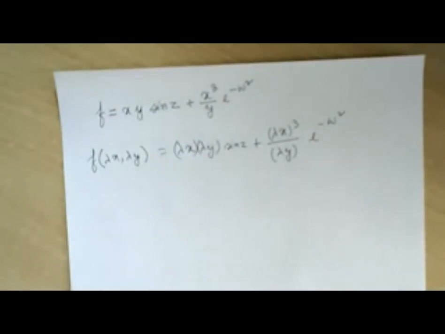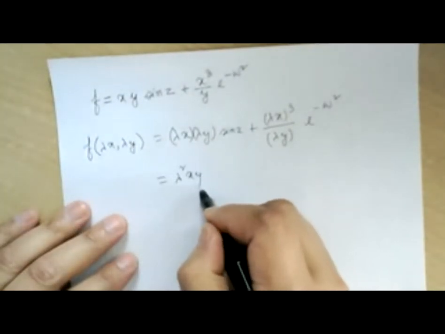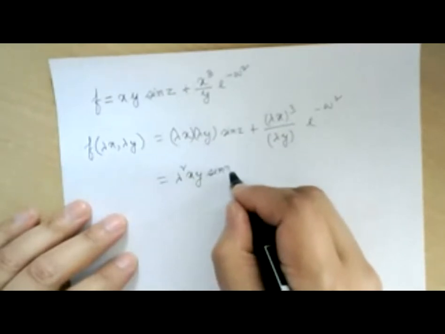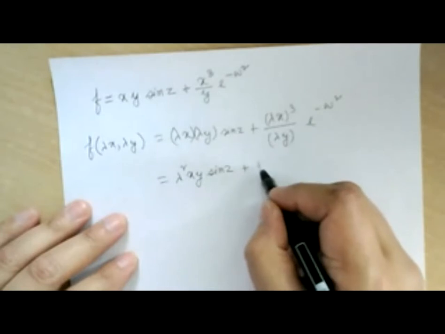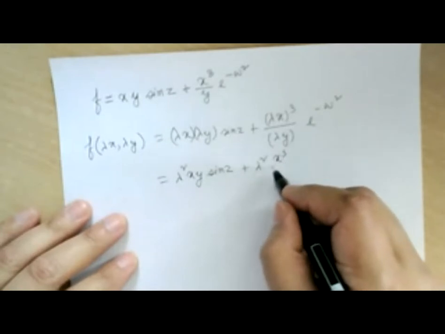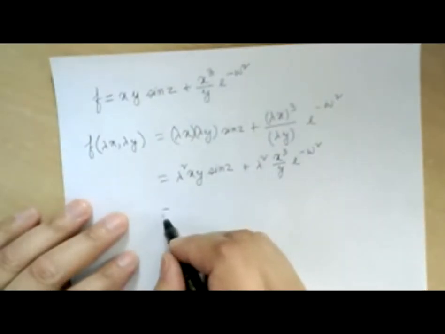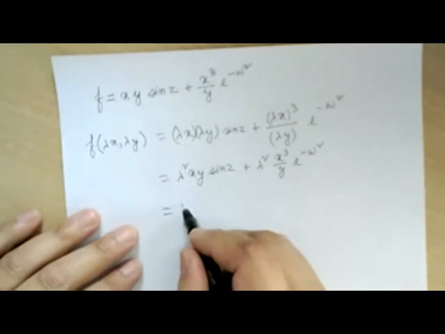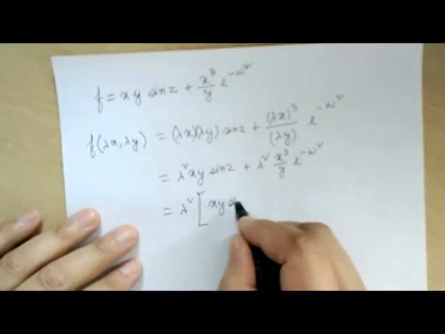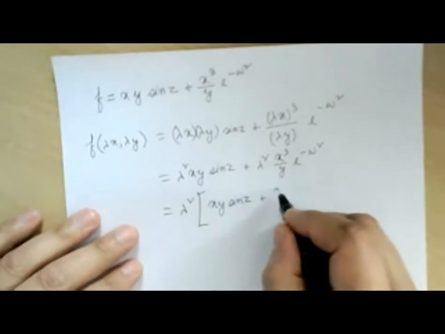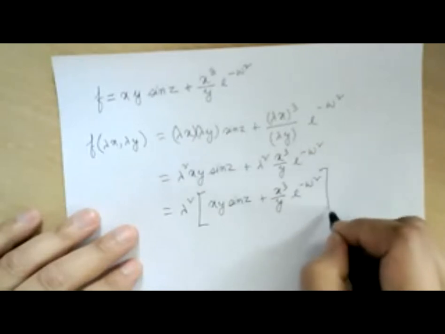So this is equal to lambda square xy sin z plus lambda cube divided by lambda, so lambda square x cube by y e to the power minus w square. Now we take lambda square common, and we get xy sin z plus x cube by y e to the power minus w square.